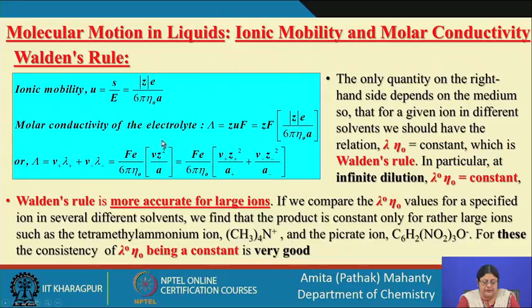This is the lambda part, and if the amount of this is changed, while this is fixed, then what you get is lambda into eta naught is a constant for a system. It will depend on the medium. If you have different mediums, you will have different values of eta naught.